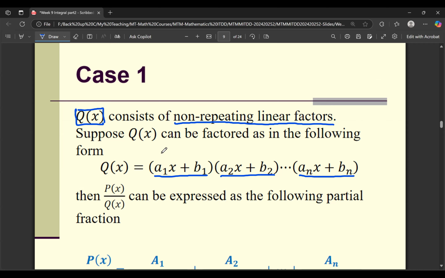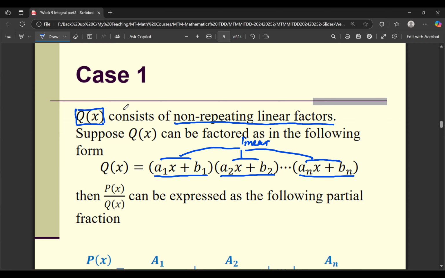All of them are linear, and they have different coefficients. So they are non-repeating linear factors.